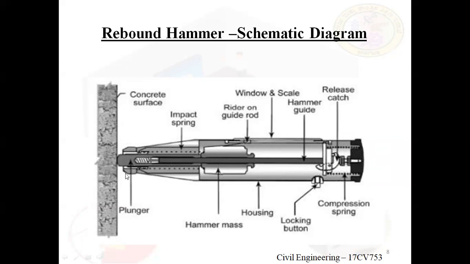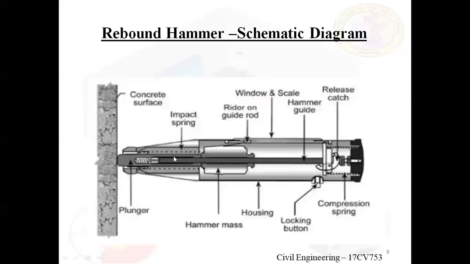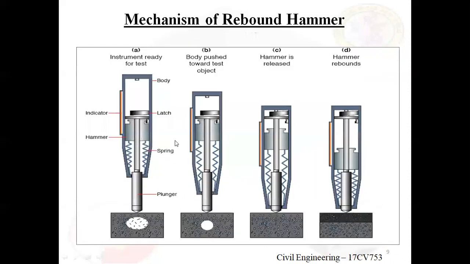For example, if this is a concrete structure and this is the rebound hammer, it should be exactly perpendicular. If there is inclination, it shows lower rebound numbers. Next, member characteristics, that is, the type of member on which we are conducting the test. These are the three basic factors which affect the rebound number.